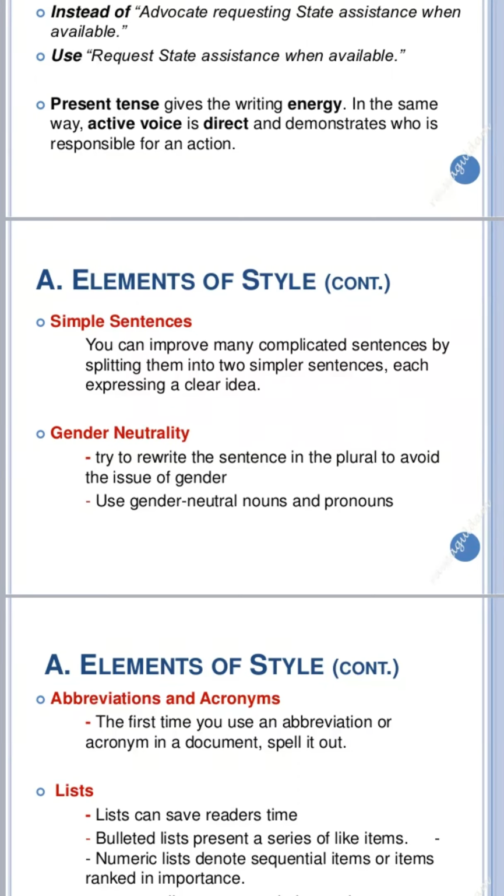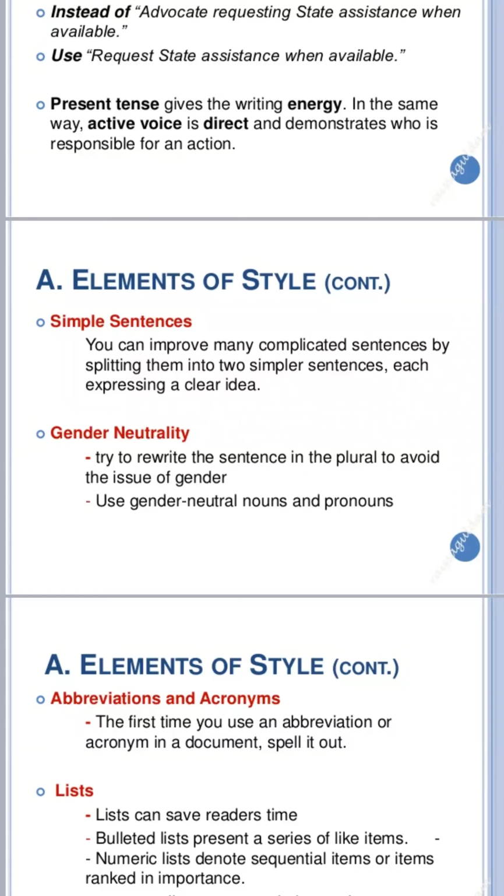Then, gender neutrality is required in technical writing. As you know, this is for the job; on the job we use it. On a professional level we use technical writing.